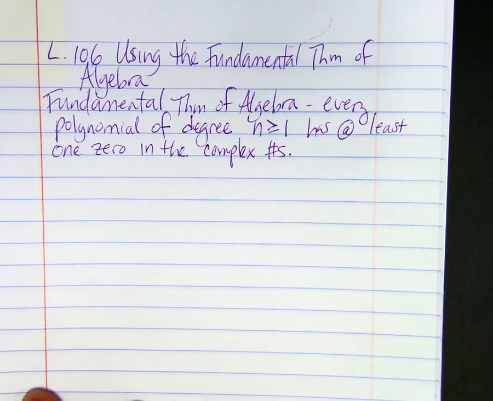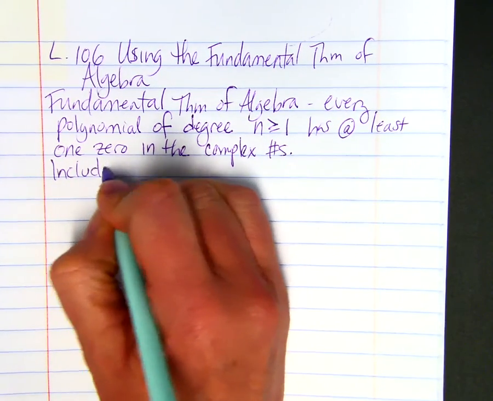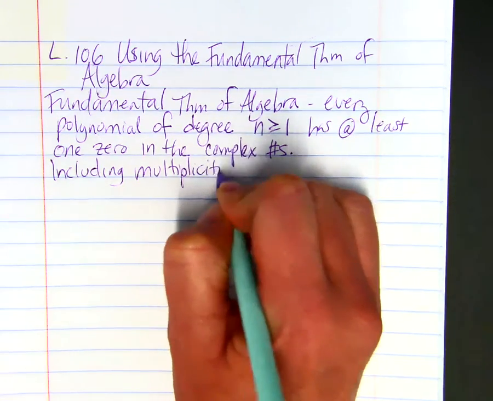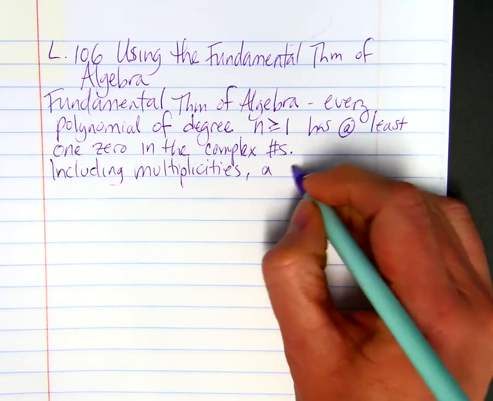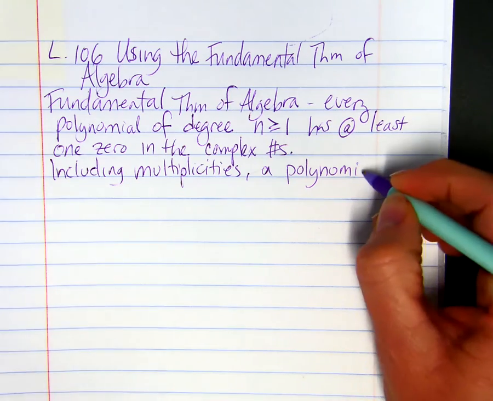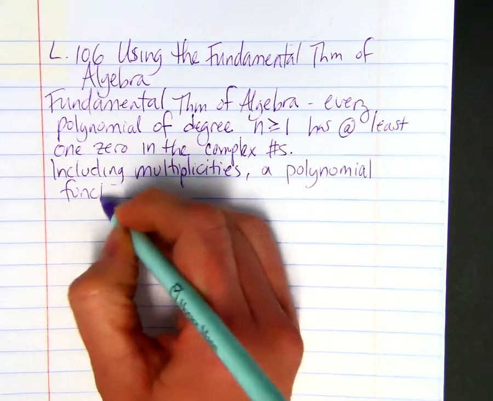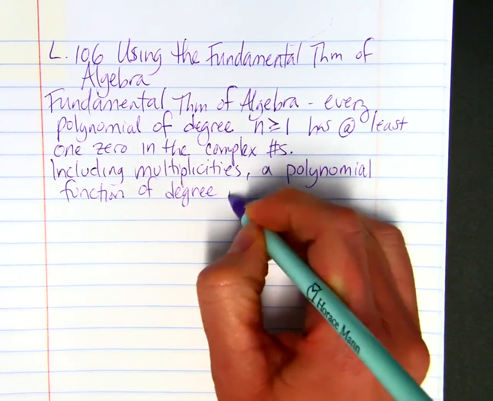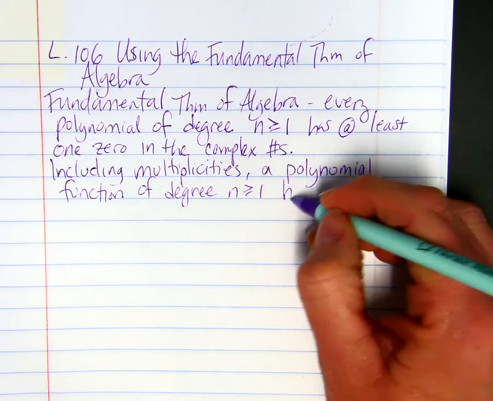And then the corollary to that theorem just says, including multiplicities, a polynomial function of degree n greater than or equal to 1 has exactly n zeros.